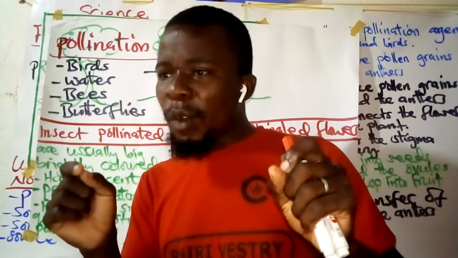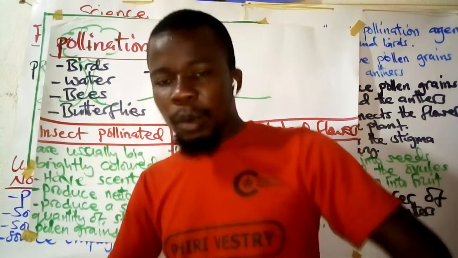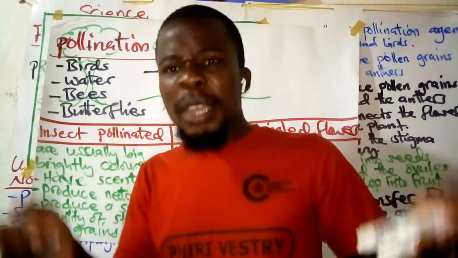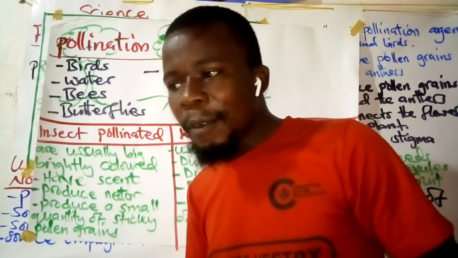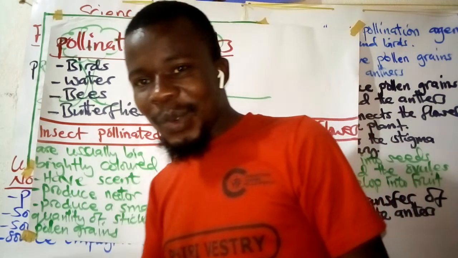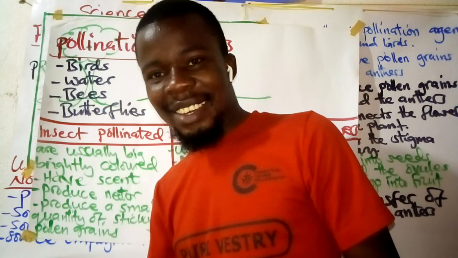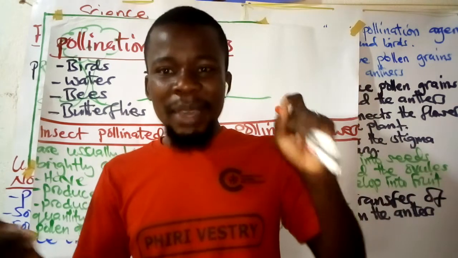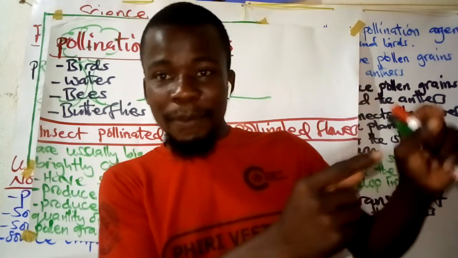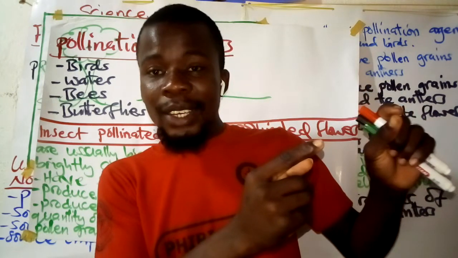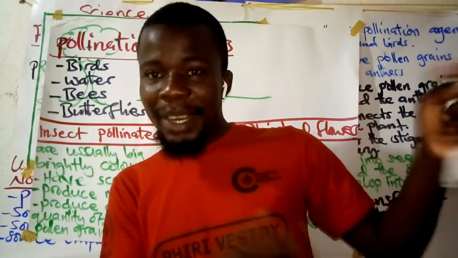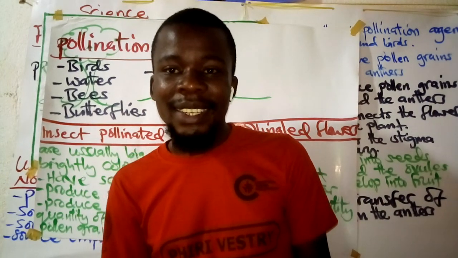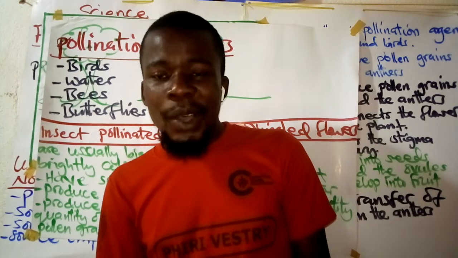Pochokera panja paja, upeze kuti kuphazi kwako kapena kunsapato kwako wanyamulako zimatope, kapena wanyamula fumbi. Ukulowa nyumba, fumbi lija ukulisia nyumba mumwe muja. You get the point? That's what happens in pollination. When a bee visits a flower, it visits to get nectar. But in the process, it helps in the process of pollination. You get the point? All right.